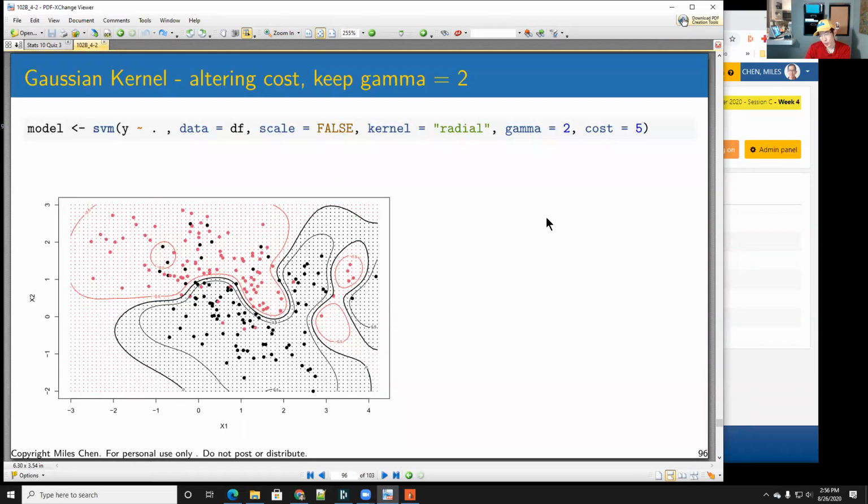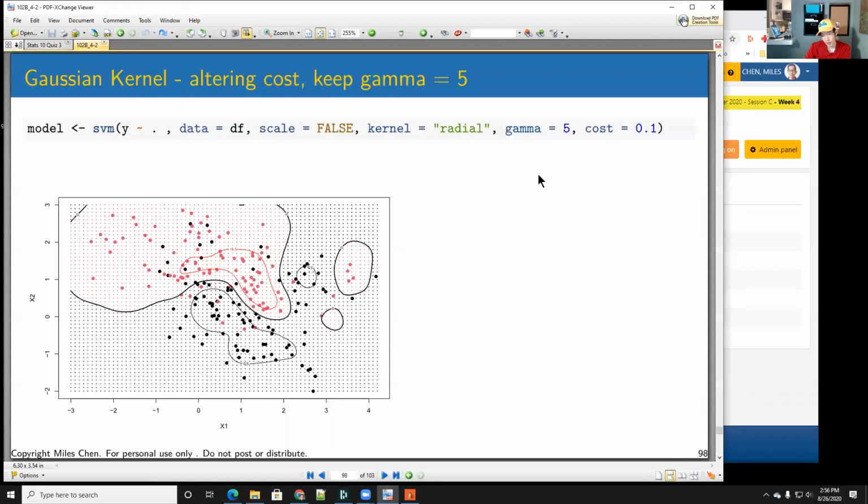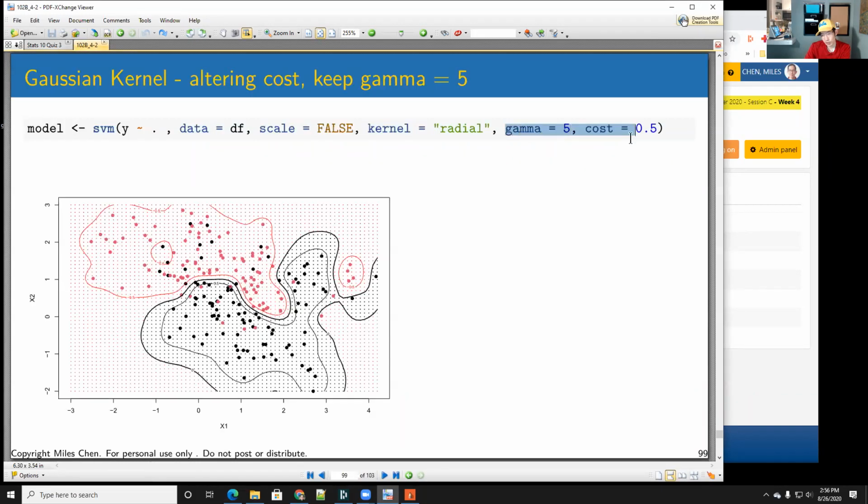And basically in the homework, I just ask you to figure out what effect altering the gamma and the cost has, because if you ever use support vector machines, you're probably going to use the radial basis function. It's one of the most popular choices for a kernel for a support vector machine, and it's important to understand the effect of these parameters.